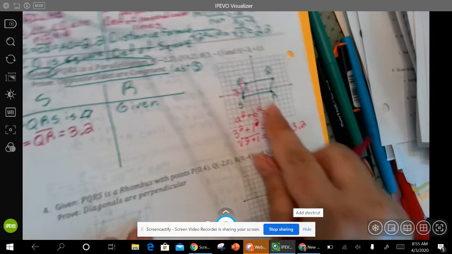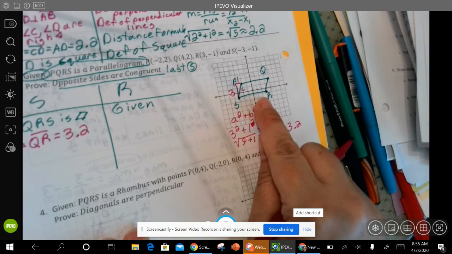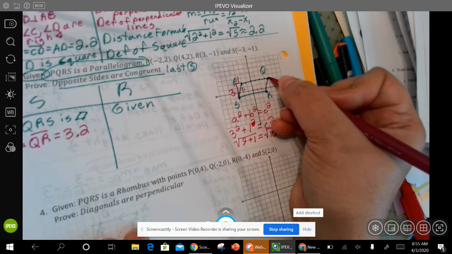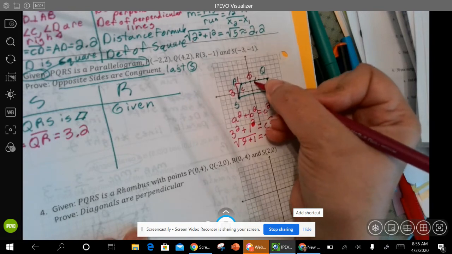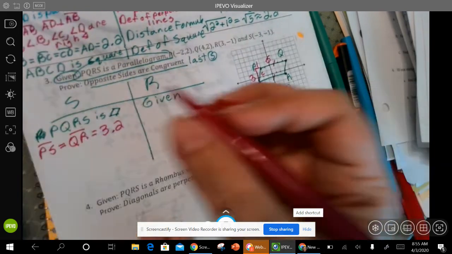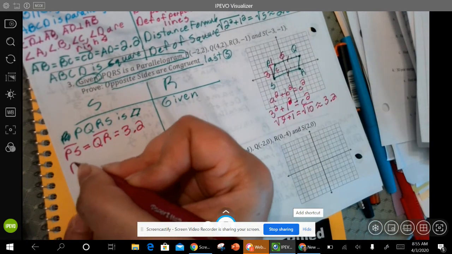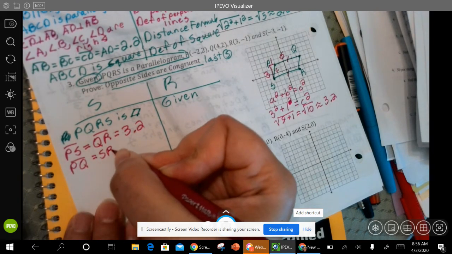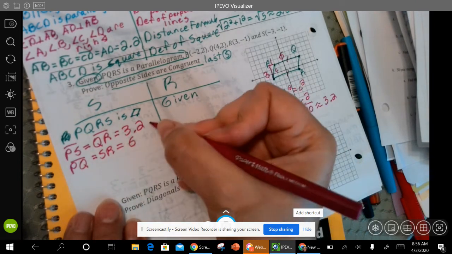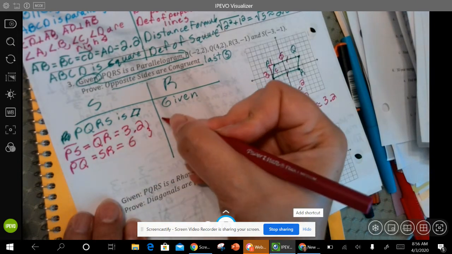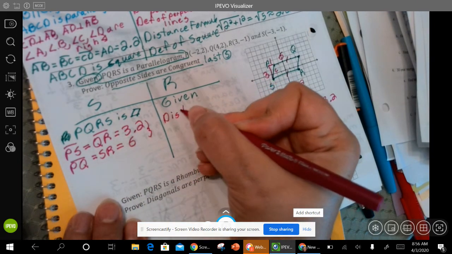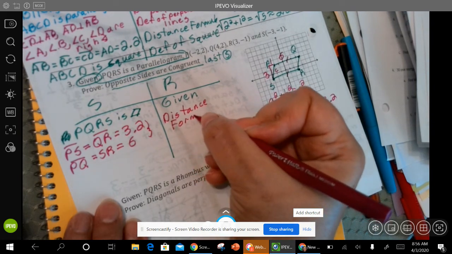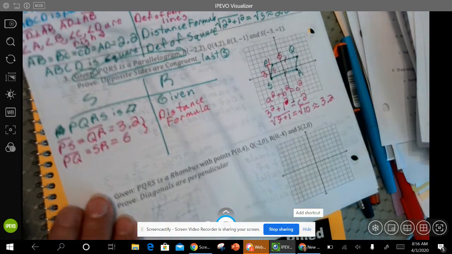And then these other ones, remember they're horizontal, so we can just count. It's 1, 2, 3, 4, 5, 6. So PQ and SR are equal to 6. And everybody, that's by our distance formula. That's the reason.